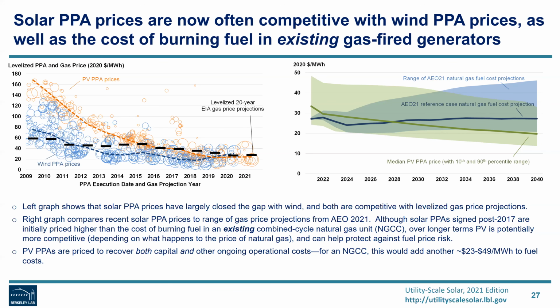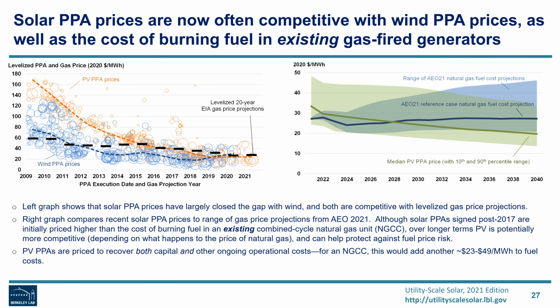And what you see here is that even though solar PPAs are priced a little bit higher at present, because most solar PPAs are flat priced in nominal dollars, the price actually declines in real dollar terms over time. And as a result, you see solar becoming more competitive with fuel prices over time.